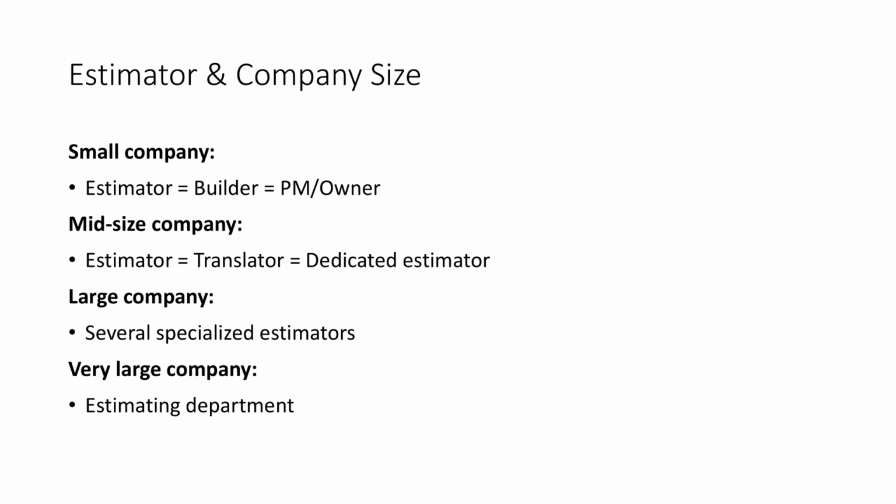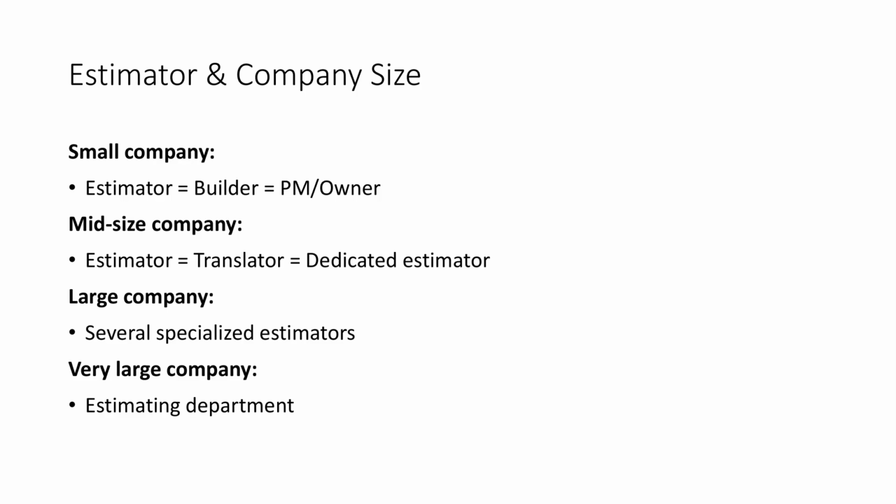You have one person who does estimating, another person is the owner, another person is the construction manager. And in a large company, you might have several estimators. So one is doing only mechanical estimating, one is doing only electrical, the other is doing only civil. And then in very large companies, you have an entire estimating department.